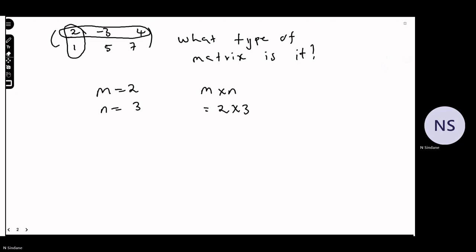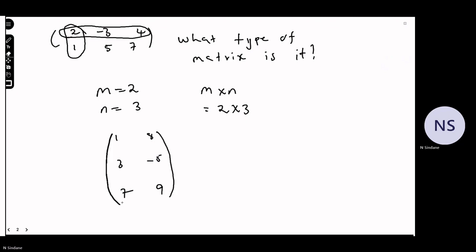Let's say now you are given 1, 8, 3, -5, 7, and 9. What type of matrix is this?